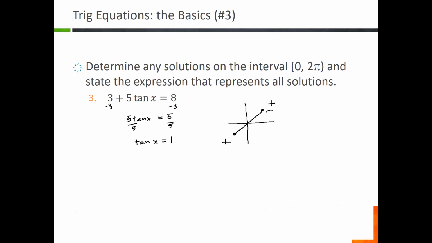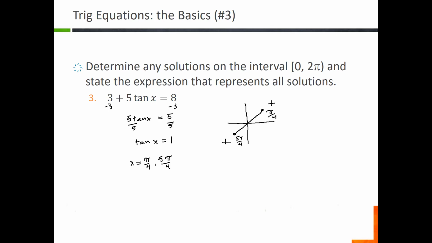So in the first quadrant, again, just using our unit circle, that's at pi over 4, and then in the third quadrant, that would be 5 pi over 4. So there's 2 answers between 0 and 2 pi. So we would have x is equal to pi over 4, comma 5 pi over 4.